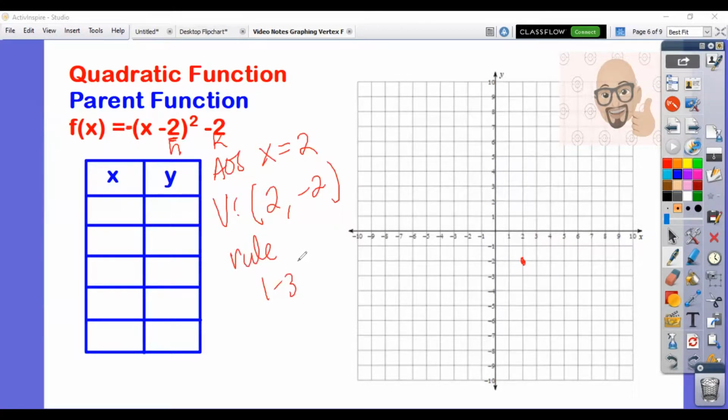That means this time, since it's negative, it opens downward. So it goes something like this. So you're going to go down 1 over, down 3 over, 1, 2, 3. Then reflection on the other side, and you just connect your U shape. Kaboom. Very simple, right?